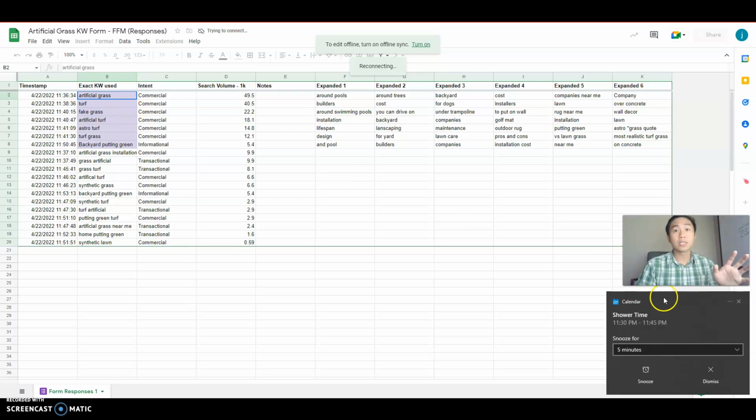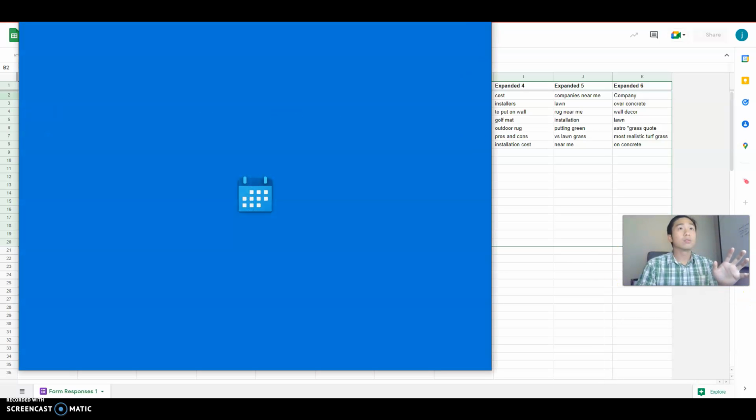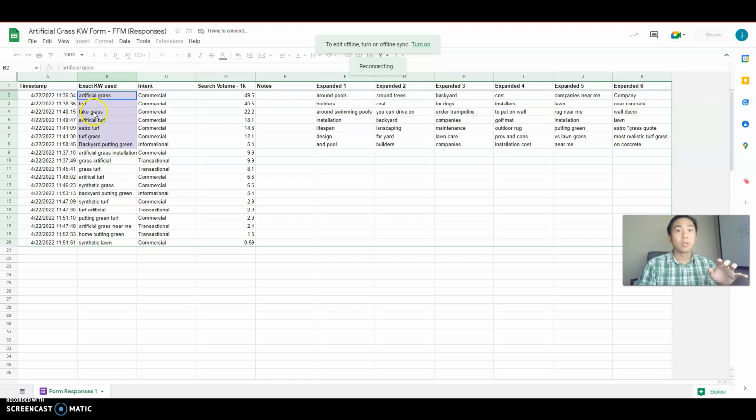For artificial grass, artificial grass is the most common terminology that you want to use. Okay, so if we have a lead gen property that's all about artificial grass, this is going to be your H1 tag. The rest is going to be H2 tags.